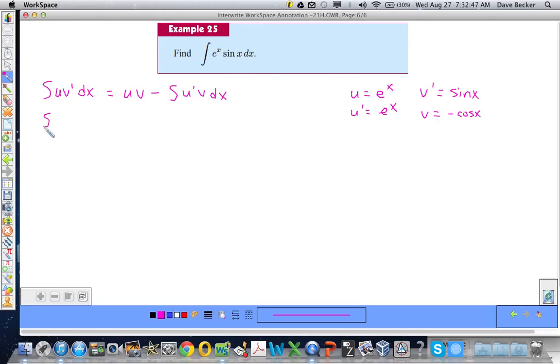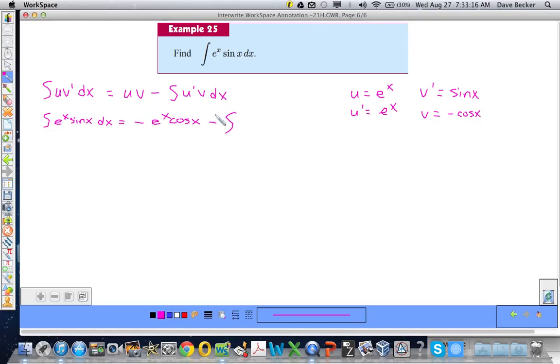So now we are going to say that the integral of e to the x sine x dx is equal to uv, so that would be e to the x times negative cosine x, or negative e to the x cosine x, minus the integral of u prime v, so that would be, let's see, e to the x times negative cosine x.